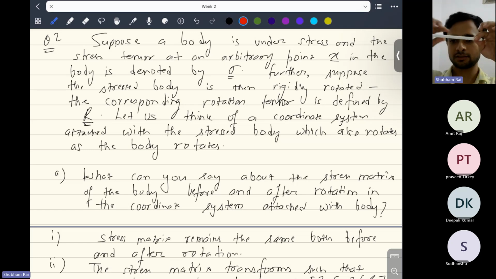Let's say there was a stress acting in this direction. Now you have rotated your body. Let's say we are looking at this plane and the normal component of stress is in this direction. Now you have rotated the body, and the normal component has gone in this direction. If your coordinate system had stayed the same, your stress component would have been this times cos theta, where theta is the angle between the previous coordinate system and the new coordinate system.